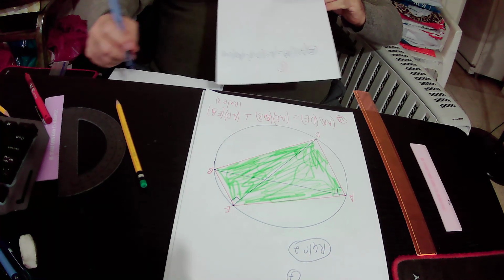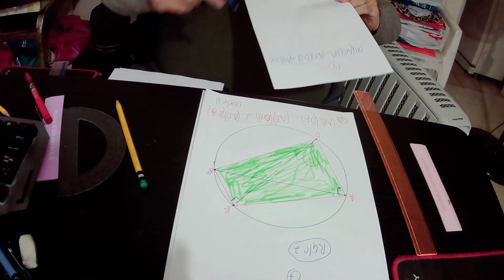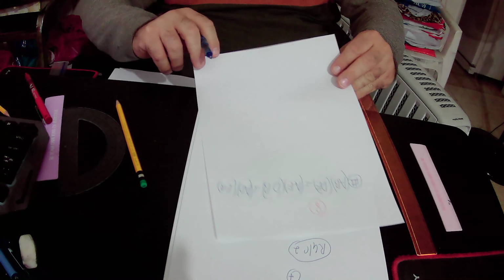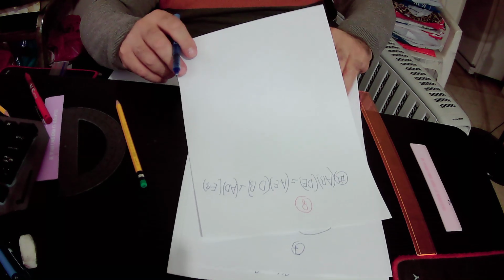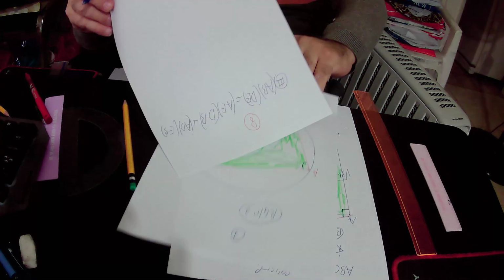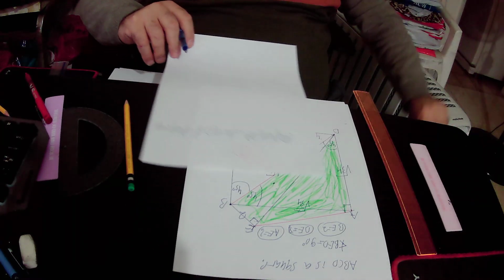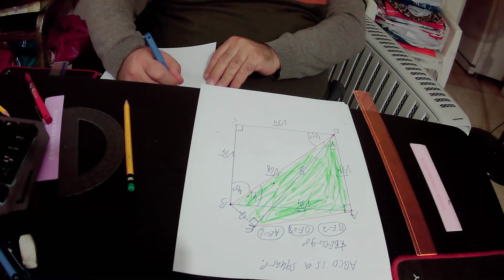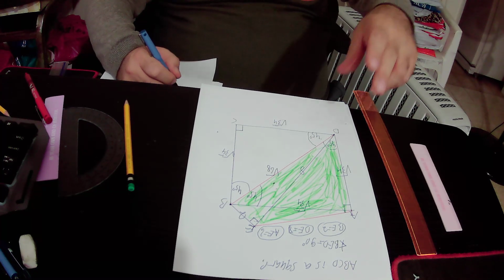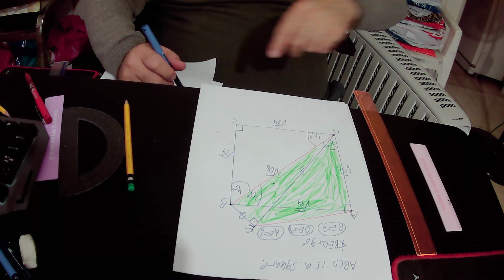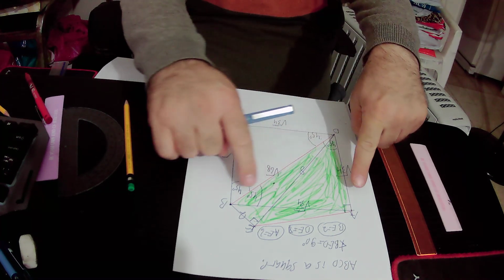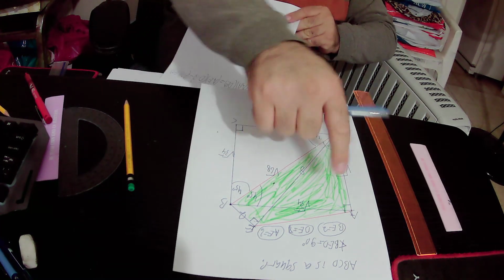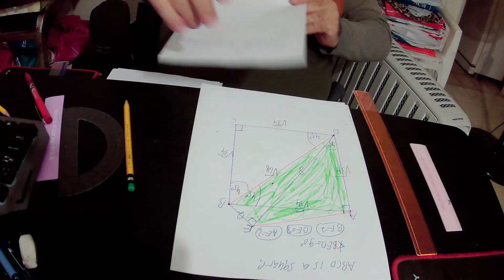I will repeat: equation number 3 is the implementation of rule number 3 in our drawing. So AB, from the original drawing, we can see that AB equals the square root of 34.